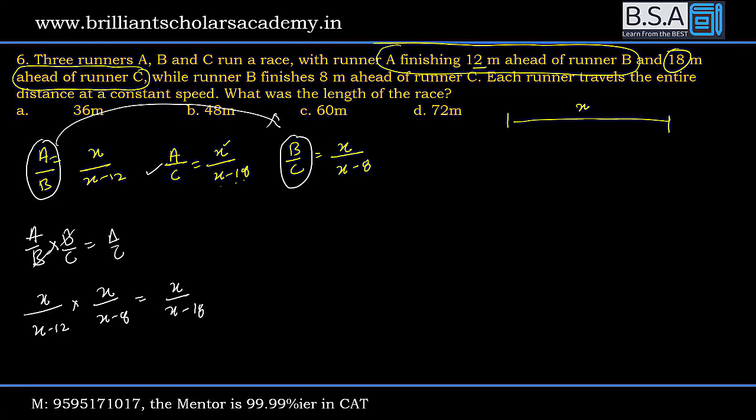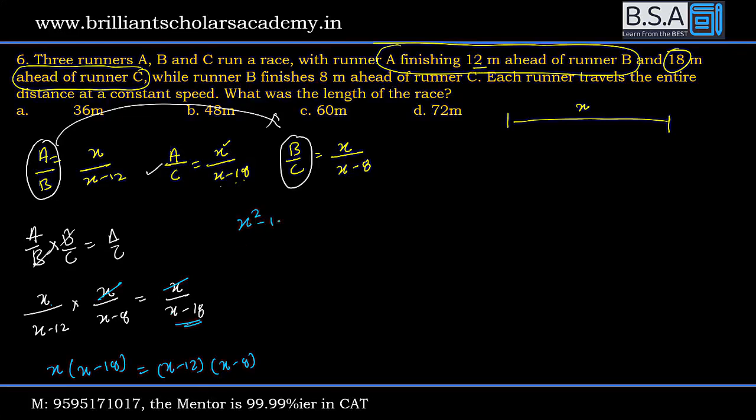बिल्कुल डरना नहीं है, simple equations हैं, solve. I can cancel X. अब ये क्रॉस मल्टीप्लाई होगा, this will cross multiply here, X into X minus 18, and these two will multiply on the other side. Calculation से नहीं डरना है. So solve this. I'm solving it.